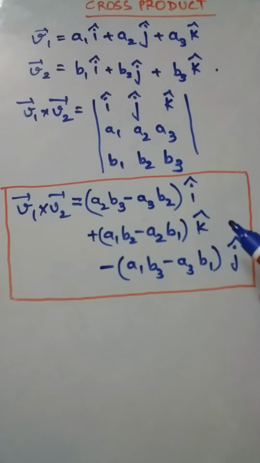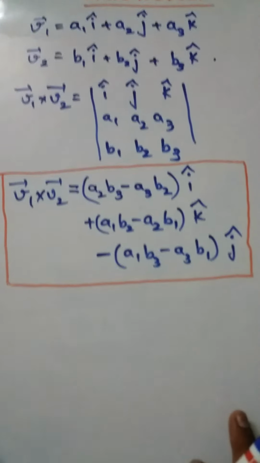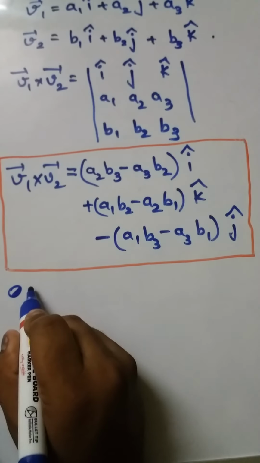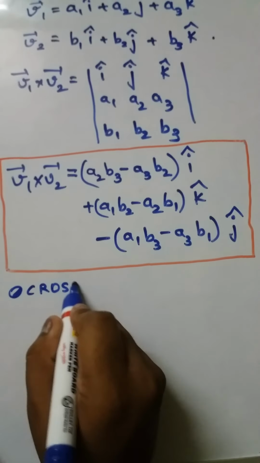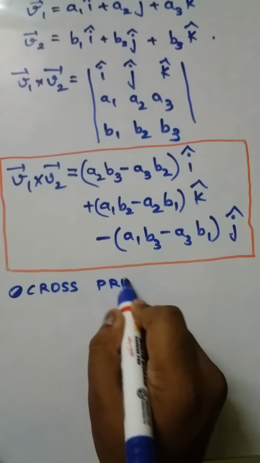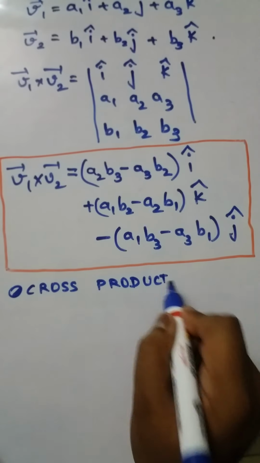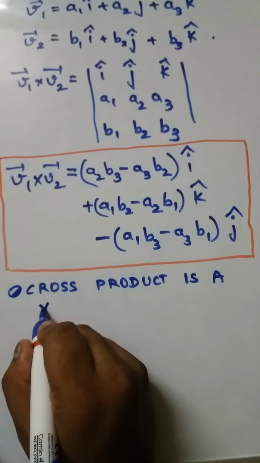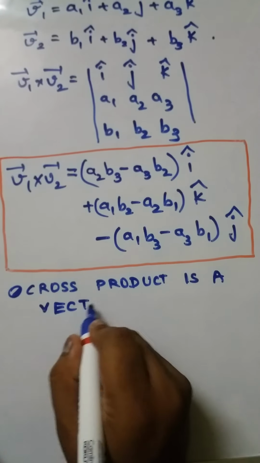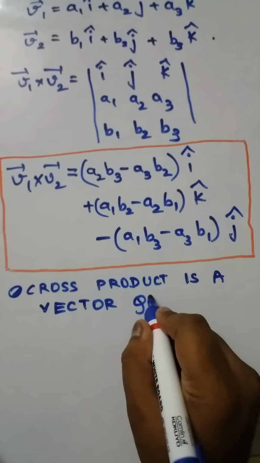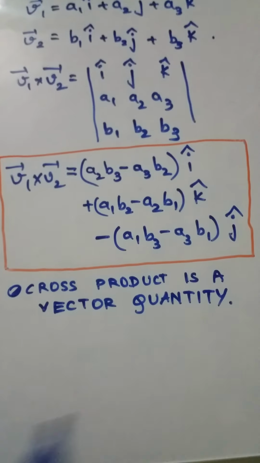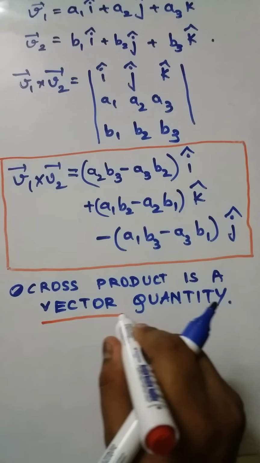Okay, so we can see that the cross product is a vector quantity. This is important. Cross product is a vector quantity.